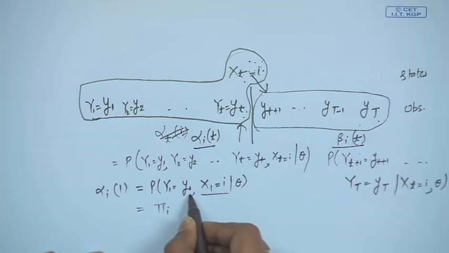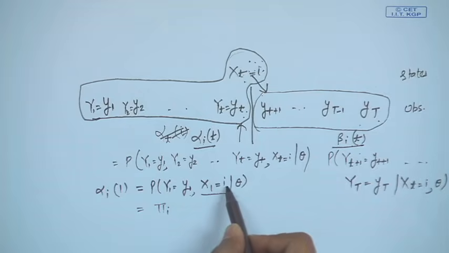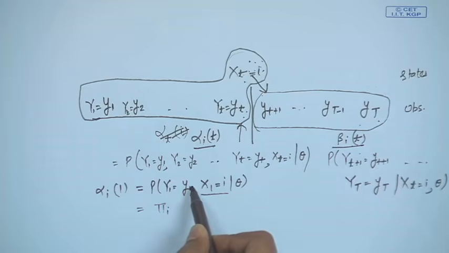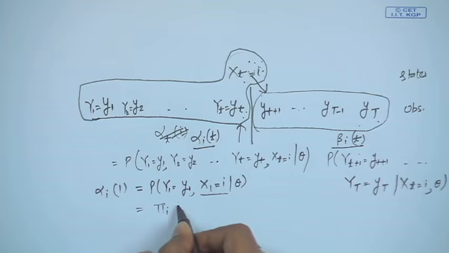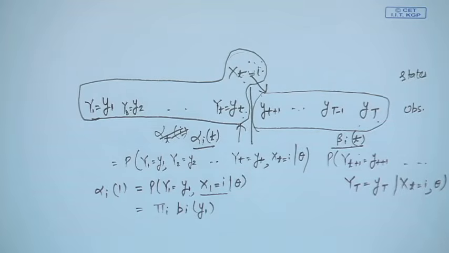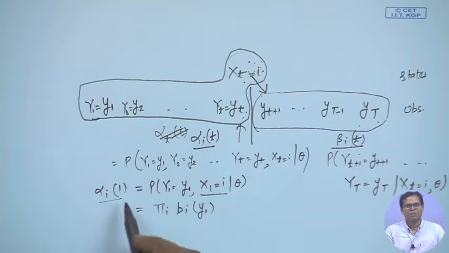And this probability would be the emission from the ith state, so this will be b_i(y1). This is how I will compute the initial one, alpha_i(1), for all possible states i.